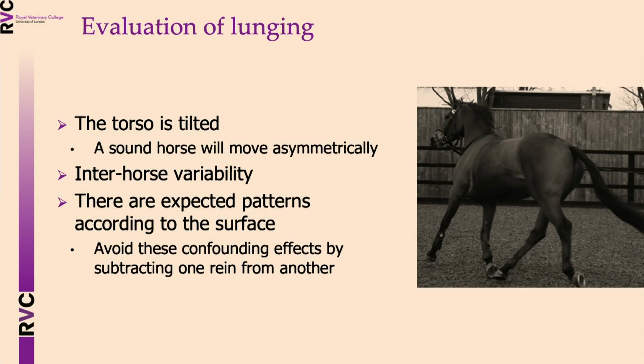So this is a complicated slide, but it just shows you how a lameness is created just because a horse is going round on a circle on different reins.